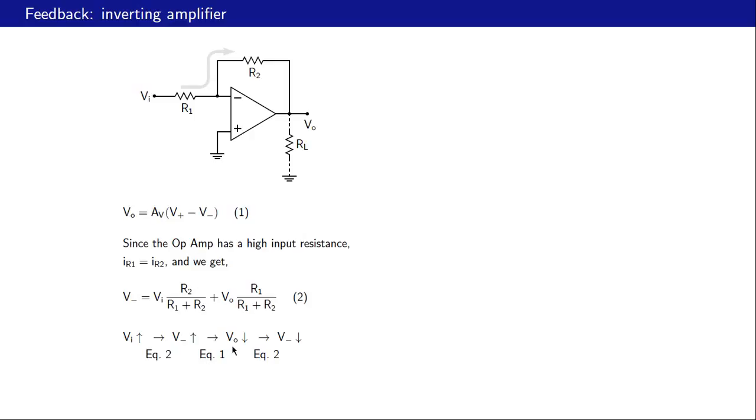If Vo decreases, this term decreases, and therefore V minus decreases. So we have these opposing trends over here. An increase in V minus causes a decrease in V minus, and this is a negative feedback situation which makes the circuit stable, and therefore we can proceed with the analysis that we carried out earlier.